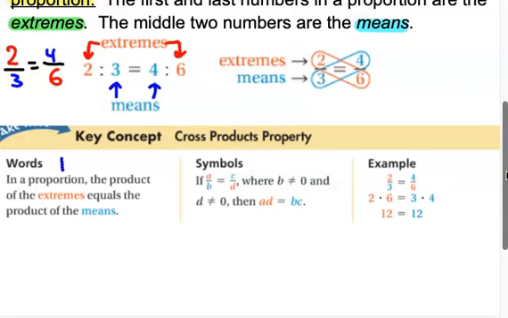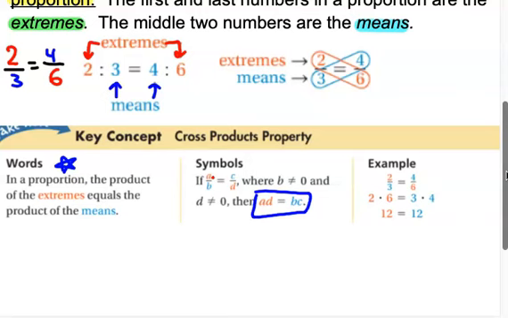So this is how we can solve a proportion. We know that this is true right here. If we have a proportion, we know that A times D has to equal B times C. So the product of the extremes is equal to the product of the means. One way that we look at this is we say we cross multiply to solve.